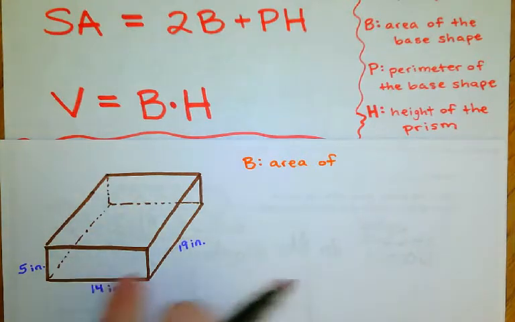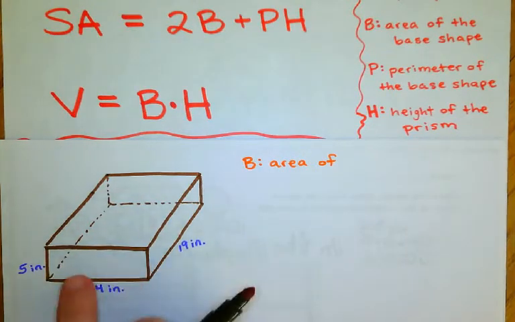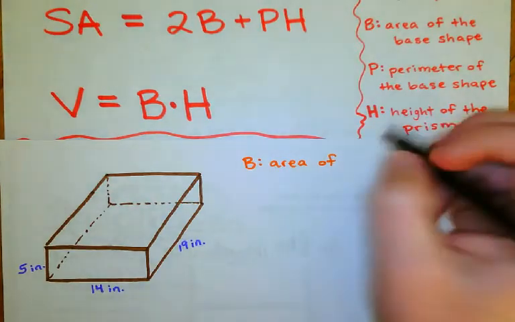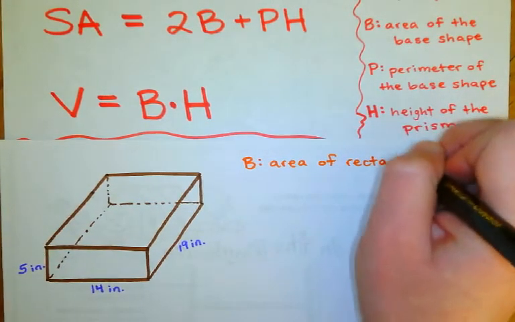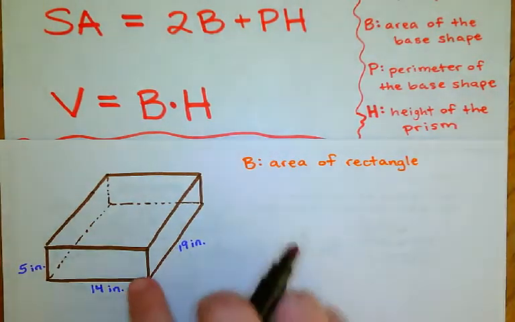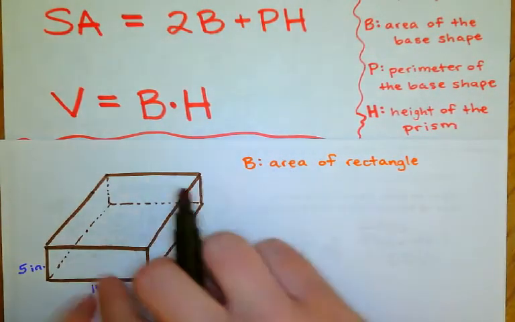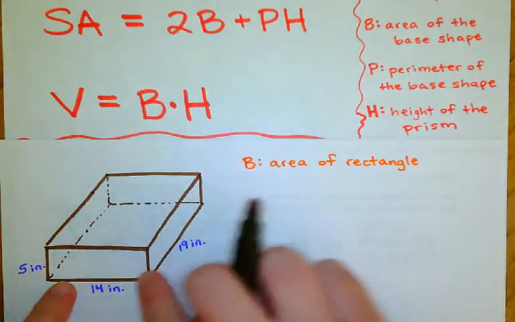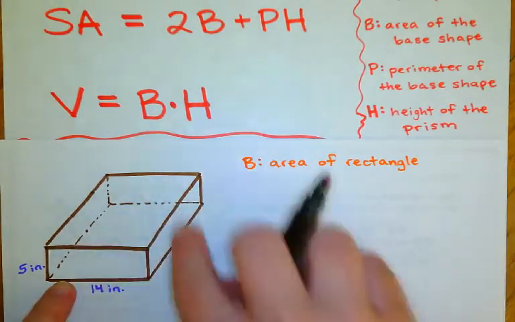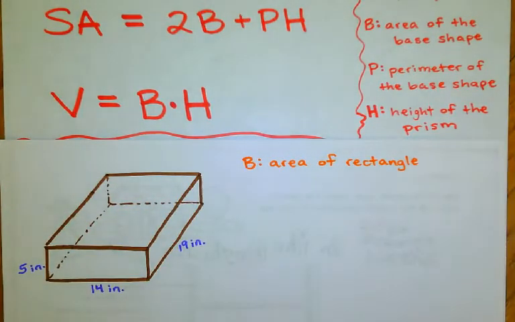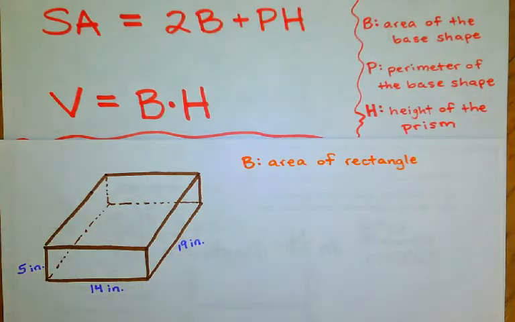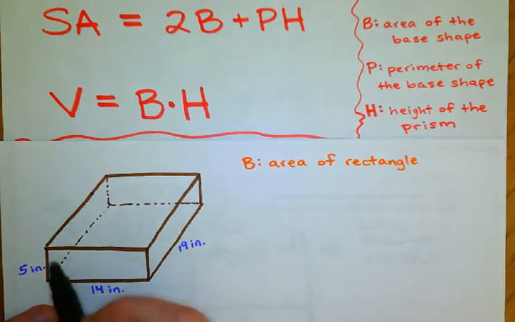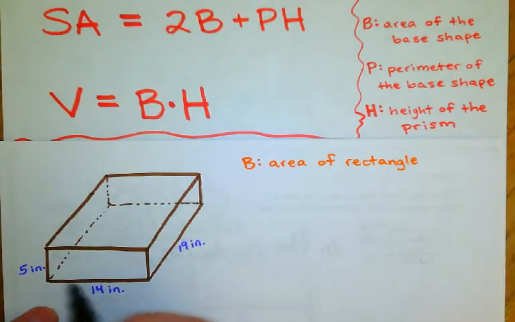Yeah, this rectangle in front is what I would choose as your base shape. You could choose the rectangle on the bottom, this 14 by 19 rectangle, to be your base, and you should still get the same final answer as long as you're still following the B, P, and H correctly. Alright, so I'm going to go ahead and use this 5 by 14 though, because that's what's closest to me.